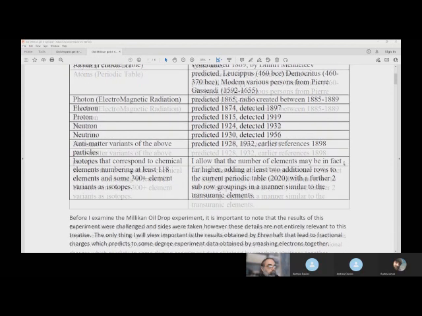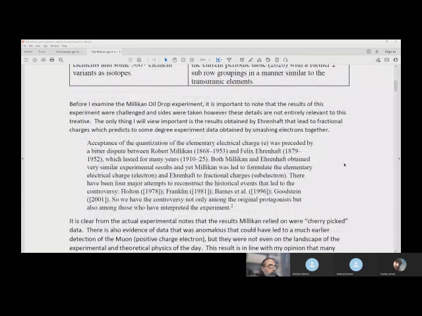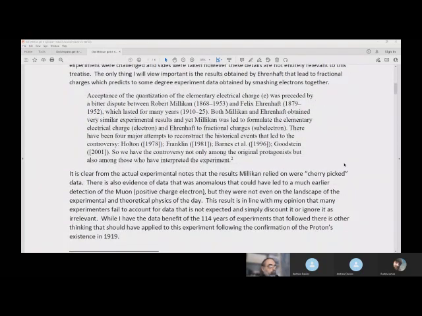So the guys set up an experiment, and there were two people involved in trying to determine the charge of an electron. One was an American named Robert Millikan. He had a team, and his collaborator was an African American.